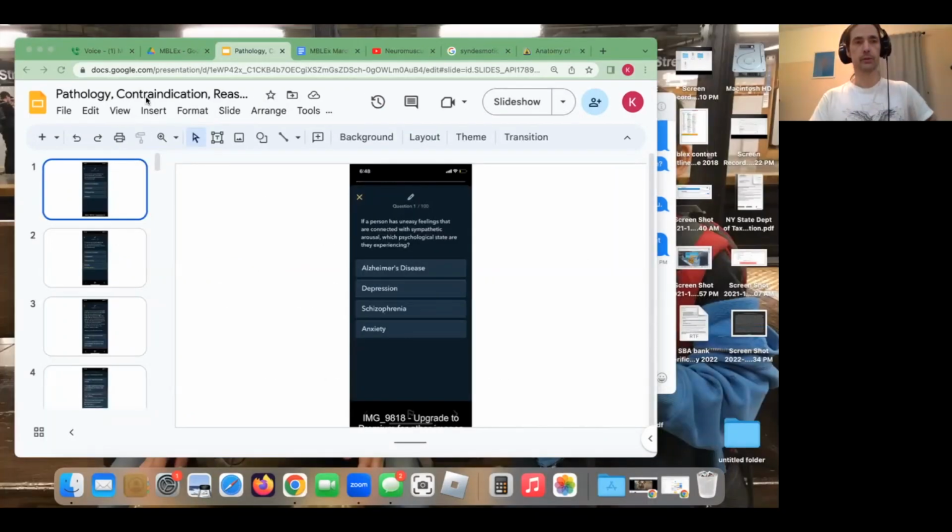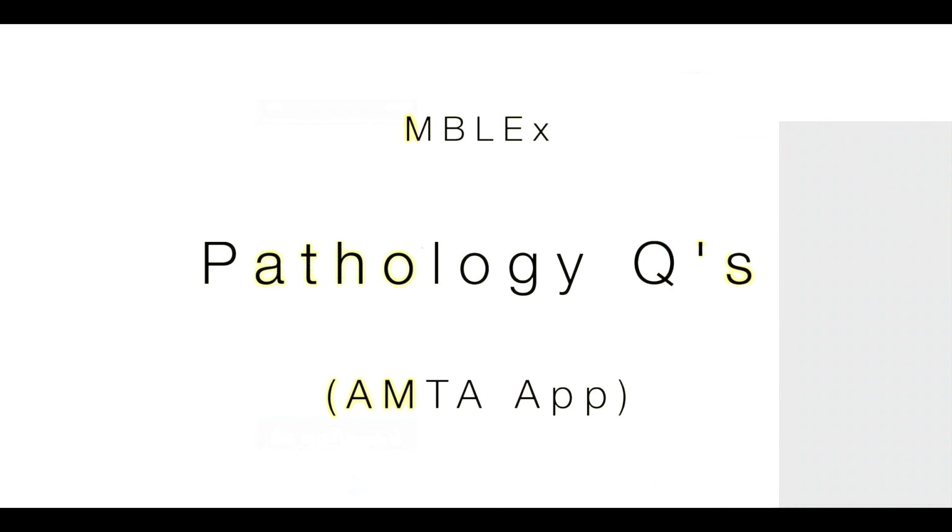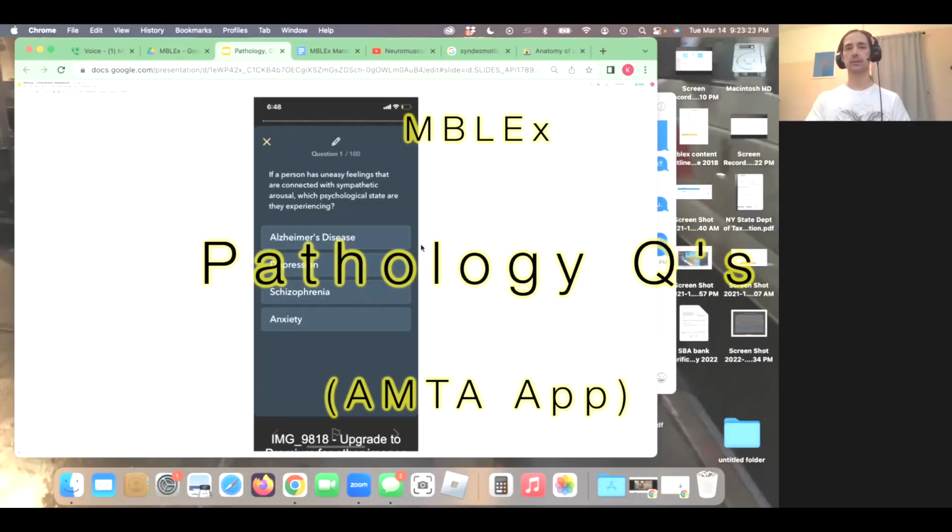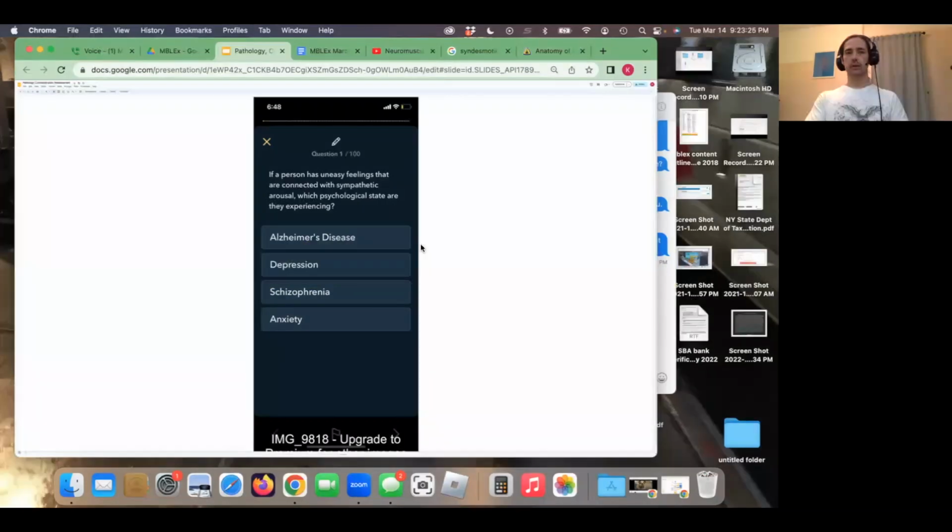So let's go over some pathology questions. If a person has uneasy feelings that are connected with sympathetic arousal, which psychological state are they experiencing? Alzheimer's, depression, schizophrenia, or anxiety? Anxiety.